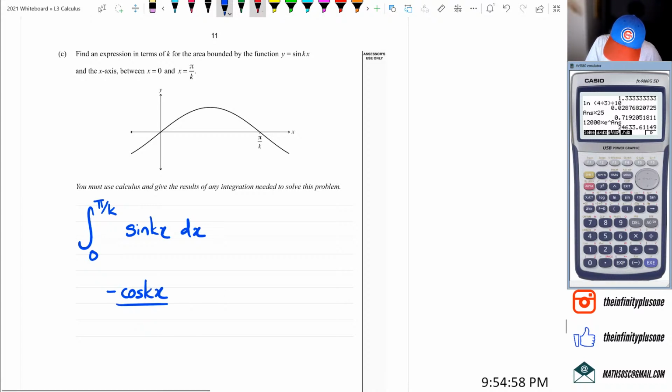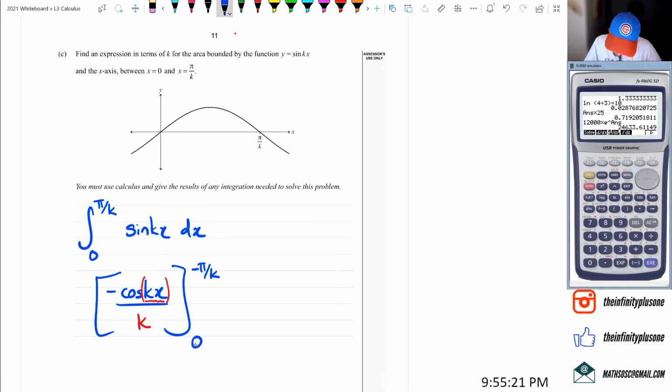And of course, divided by the differentiation of the bracket, in this case kx, so we're going to get k. We don't really need to worry about the plus c, just leave it out. That's between negative pi over k and 0.